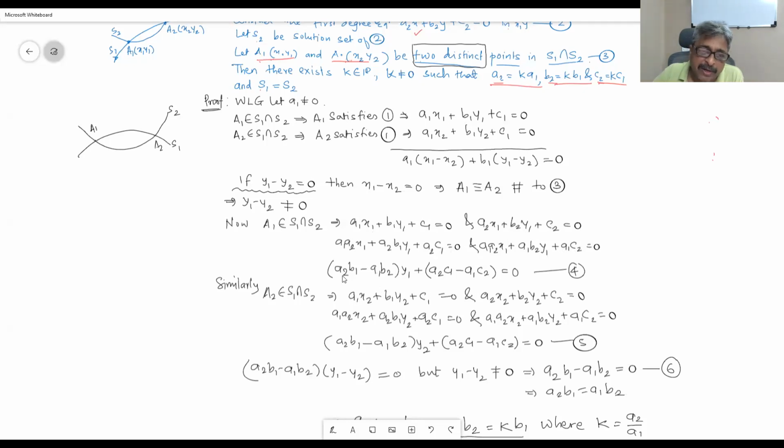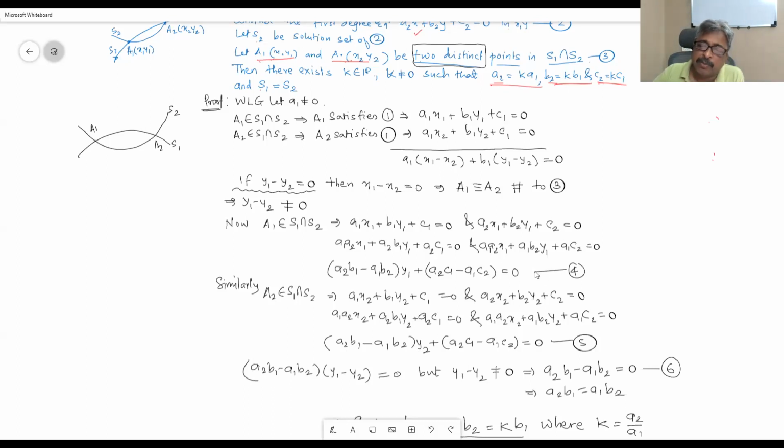After doing that, we get (A2B1 minus A1B2) times y1 plus (A2C1 minus A1C2), that is the constant, is equal to 0. Similarly, if we do the same for A2, then we get (A2B1 minus A1B2) times y2 plus (A2C1 minus A1C2) is equal to 0.